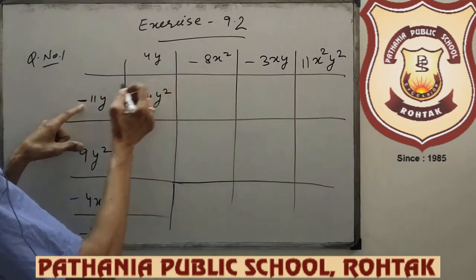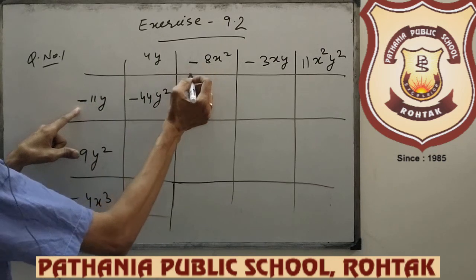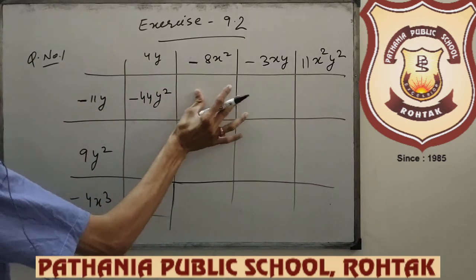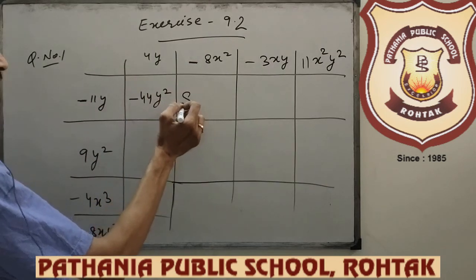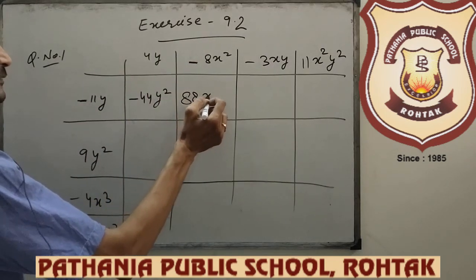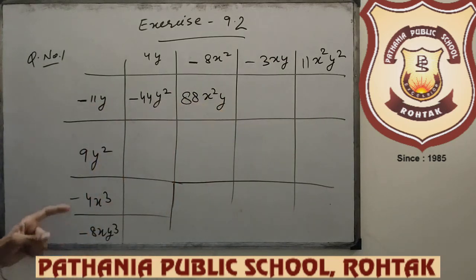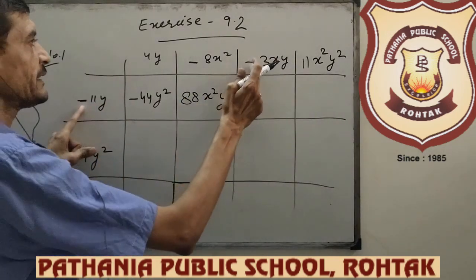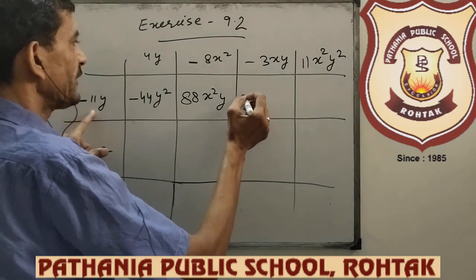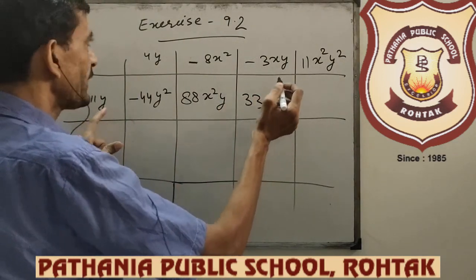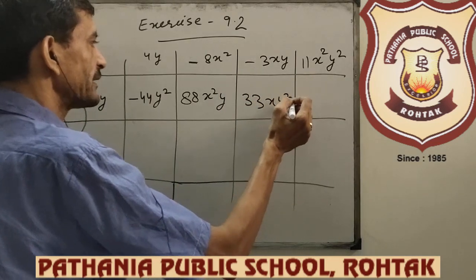Now this minus into minus, plus is there, no need to write the plus sign. 11 times 8 is 88, x square and y, write like this. Again minus into minus, plus. 11 times 3 is 33, and x as it is, and y into y is y square.